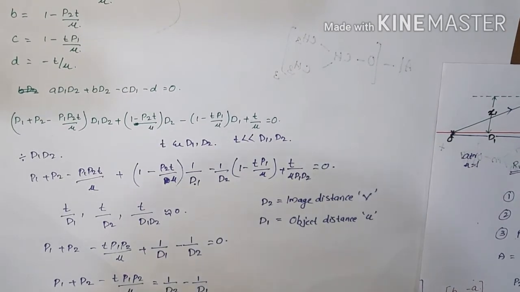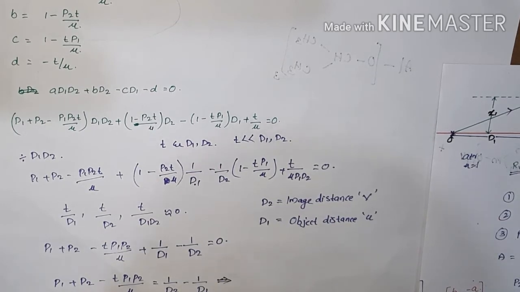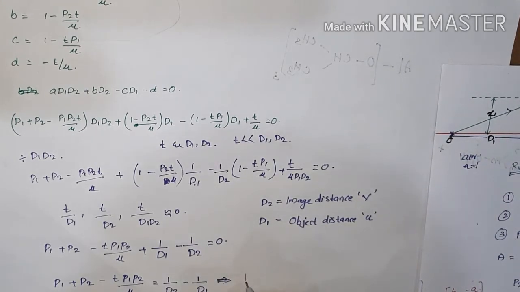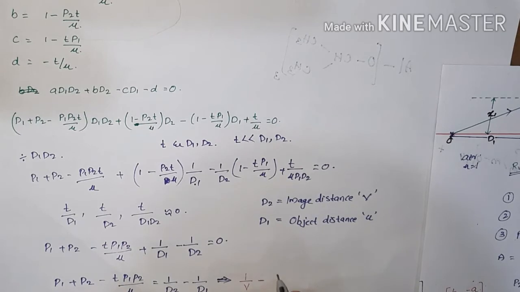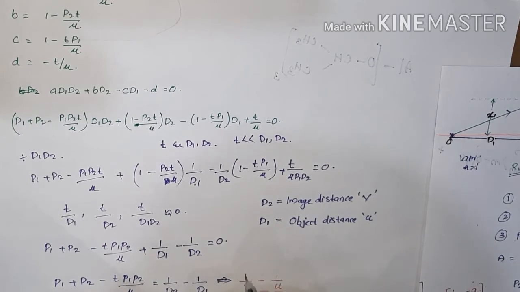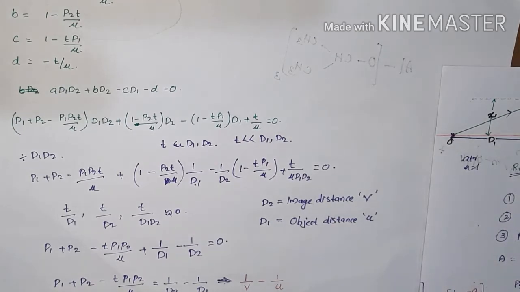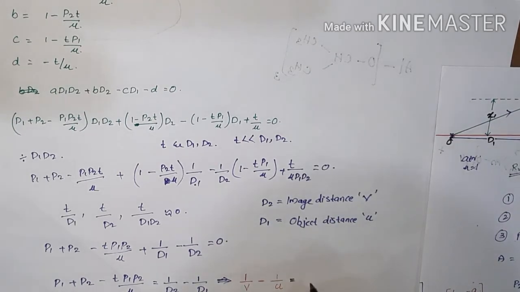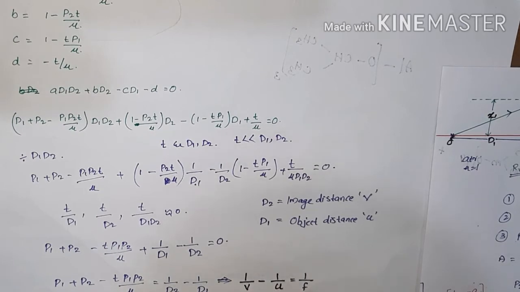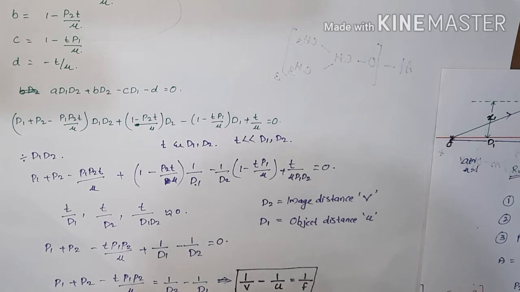So 1 by d2 minus 1 by d1 is nothing but 1 by v minus 1 by u. This quantity 1 by v minus 1 by u is nothing but 1 by f. This equation is nothing but the lens maker's formula.